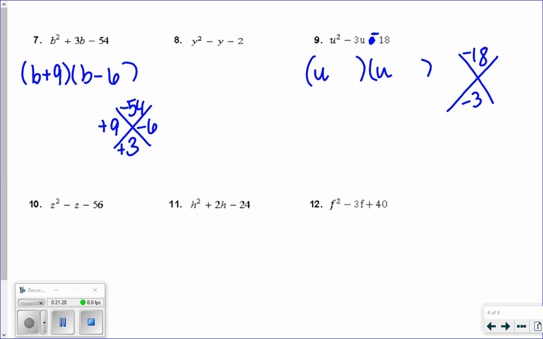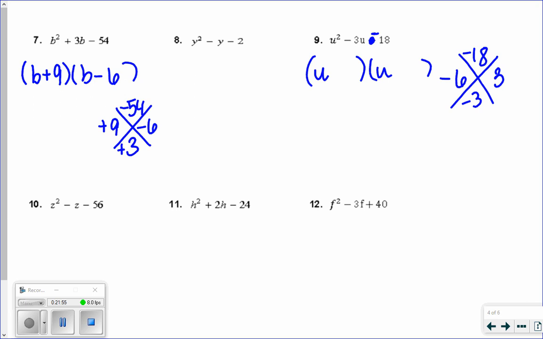And then it needs to combine to a negative 3. Since my product is negative, my signs are different. If my signs are different, I'm looking for a difference. So with different signs, we find the difference. What are two factors of 18 that have a difference of 3? Well, hopefully 6 and 3 jump out at you, at least eventually. And if the difference was a negative 3, you know the negative must have been on the larger number.